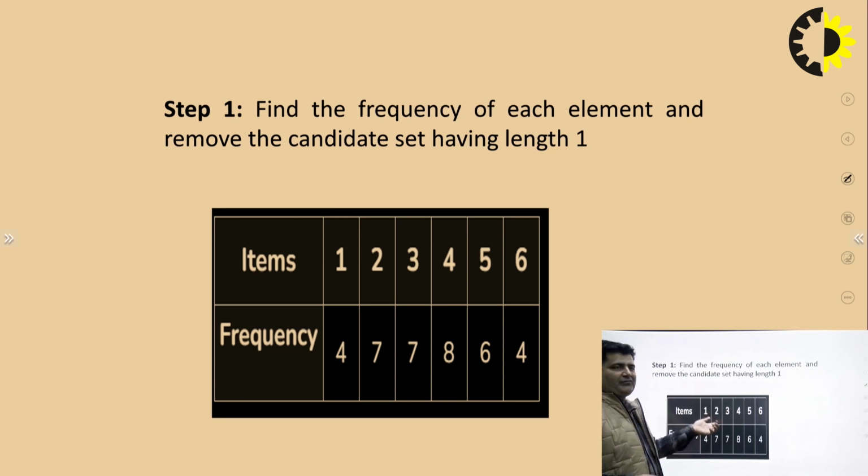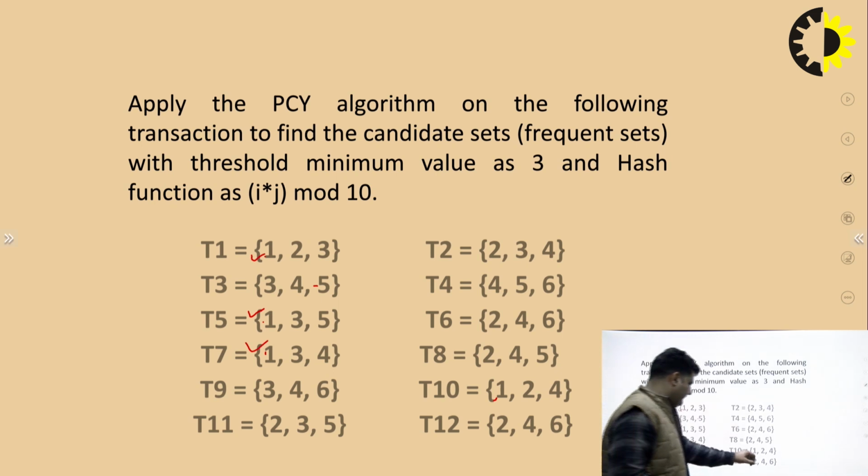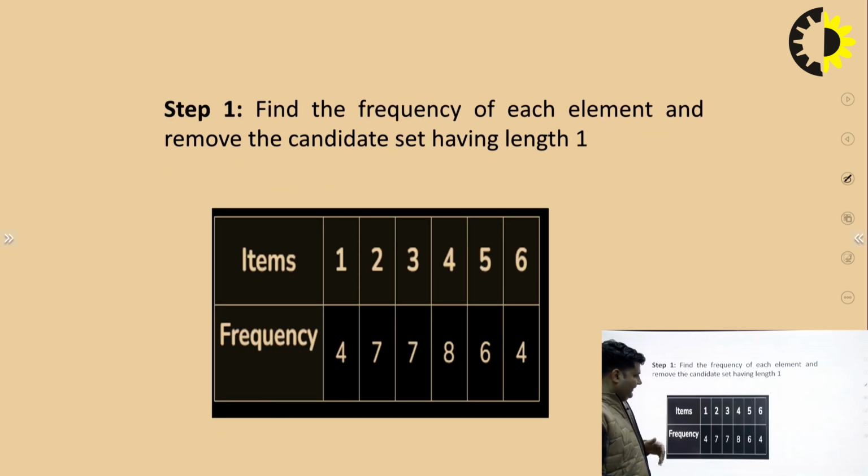Suppose item number 1: the frequency is 4, meaning this item is taken in 4 transactions. This is the 1, 2, 3 and the last one is 4. So this item is purchased 4 times by customers. So the frequency of this is 4, right?